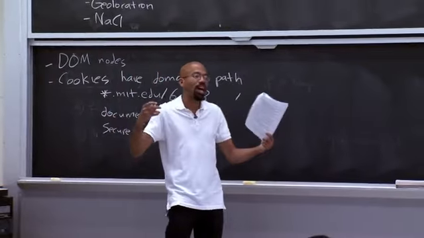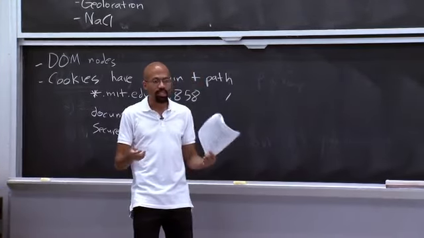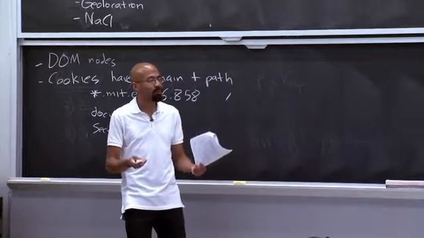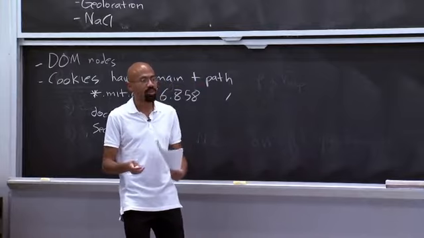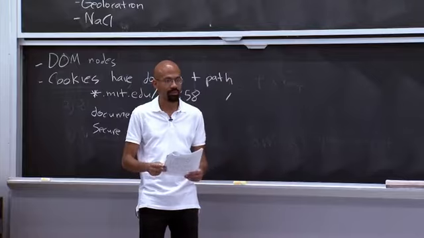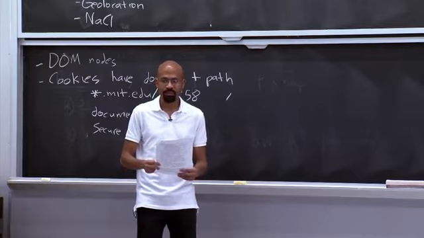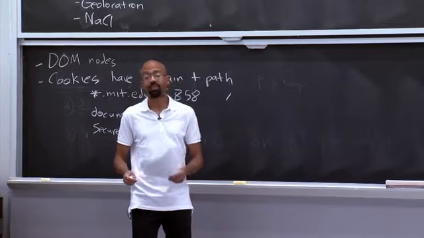Okay, so that leads me into the next question. We're trying to figure out how different frames can access each other's cookies. So what would be the problem if we allowed arbitrary frames to write arbitrary people's cookies? What do you think? Well, it would be bad, suffice it to say.